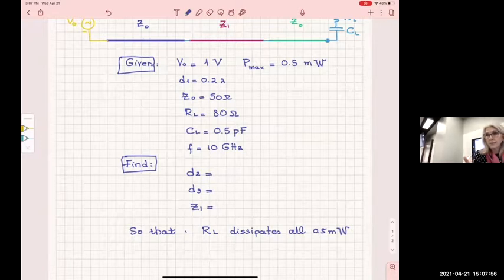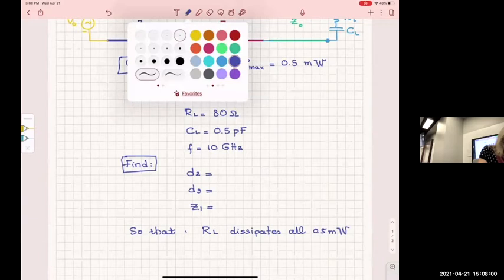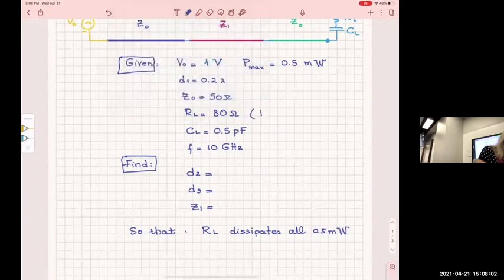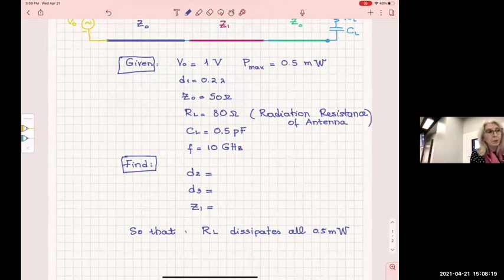That's what it means, all right? So I will put that as a parenthesis here. That can be the radiation resistance of an antenna, which is given to you because there is another designer who is going to design this antenna, or who has designed it, or maybe they purchased the antenna from a supplier.